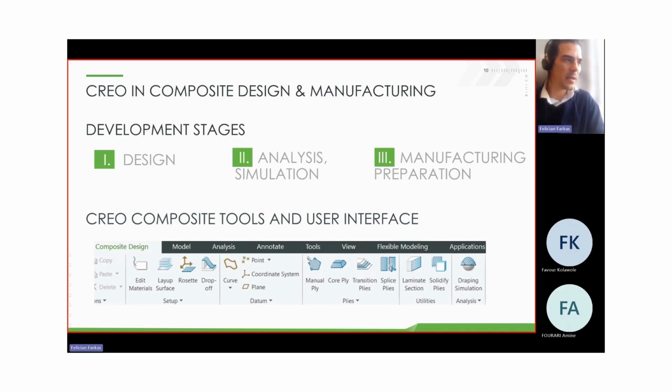Also the composite design tools interface. And I would like to mention the composite tools are already available in Creo 10.1. And also you need some licenses to be able to use it. We're going to talk about this at the end of the presentation.